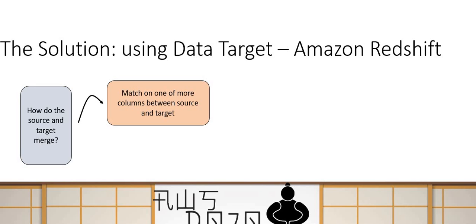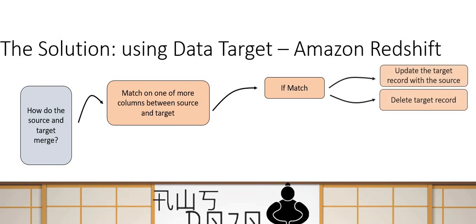So assume that you decided to use customer ID and email ID for matching your records. In that case, if your source record and your destination record both have matching email ID and customer ID, then basically you can perform two operations.